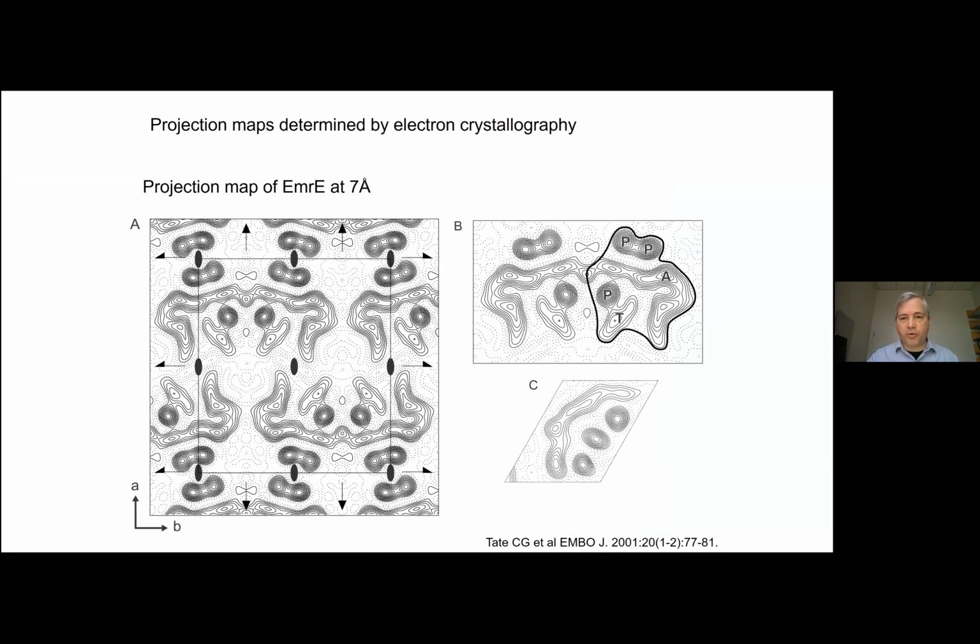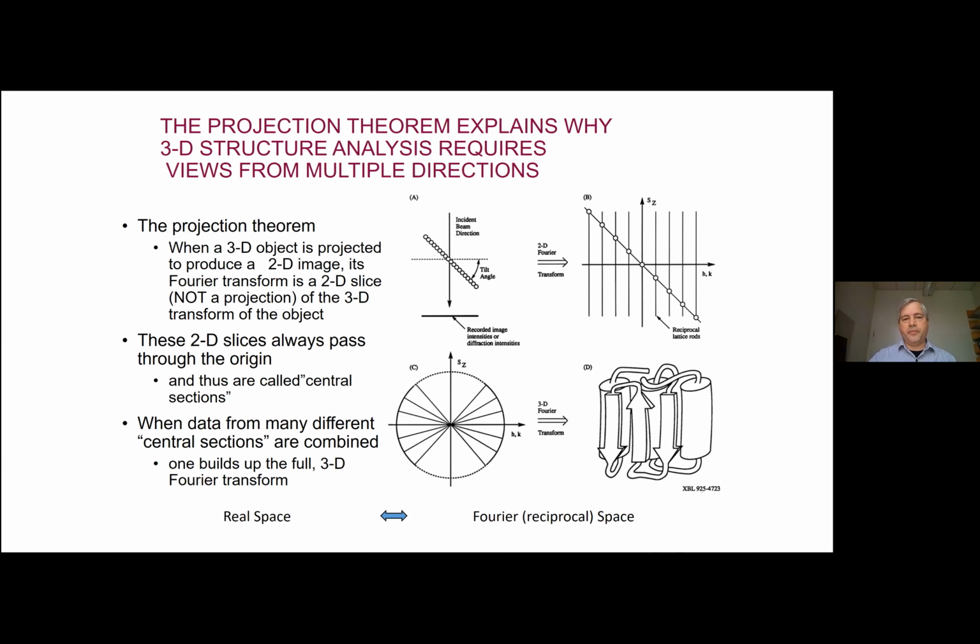If you wanted to go to 3D, you have to take many pictures of these crystals in a tilted orientation, and that comes from the projection theorem, where a projection image of a 3D object is the same as a central slice through the 3D transform of that object.